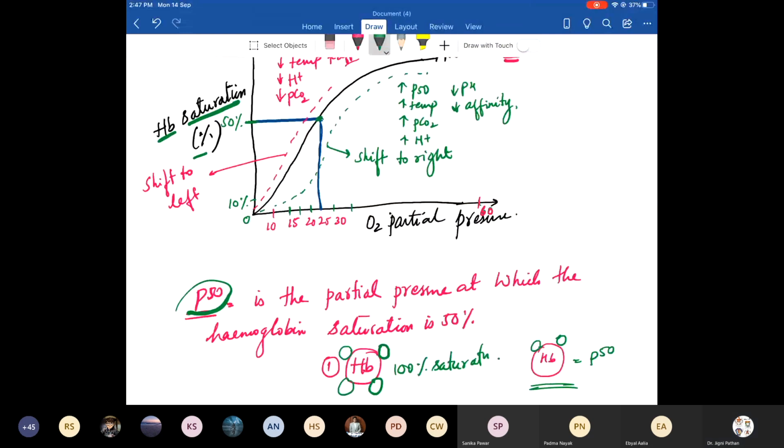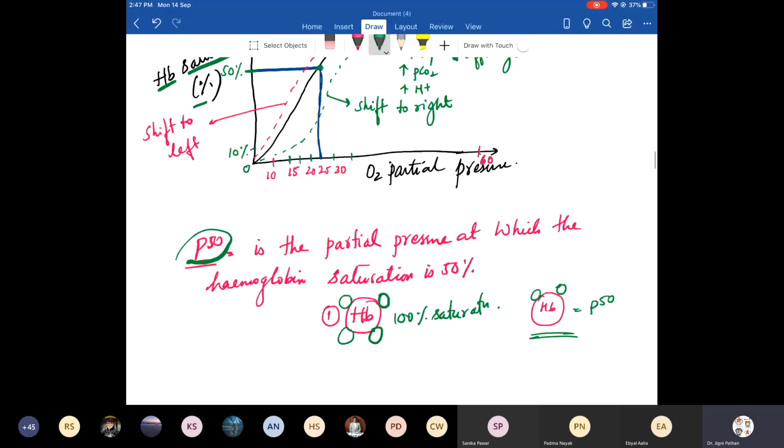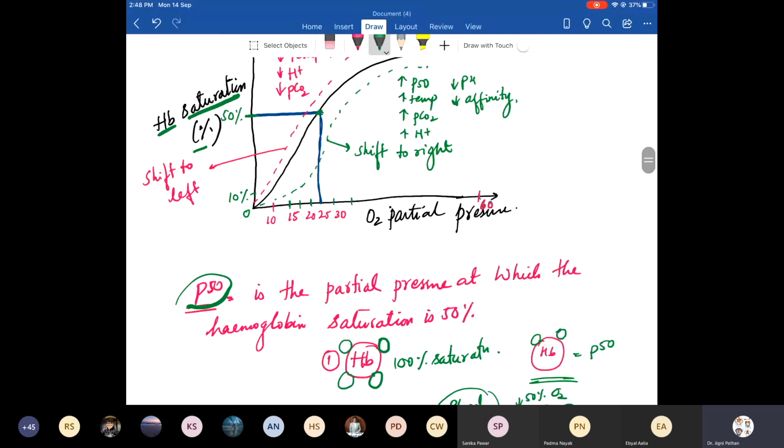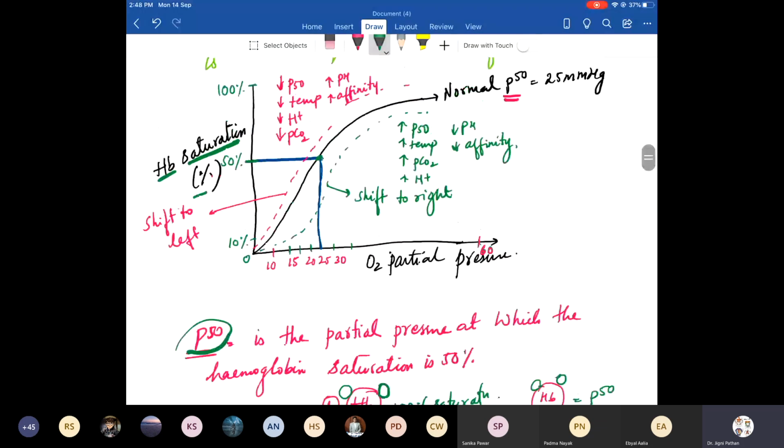Now in the blood you have hemoglobin, right? So much hemoglobin is present in the blood. In that blood, all this hemoglobin is bound to 50% of oxygen. When you extrapolate it, what would be the partial pressure when the hemoglobin is 50% saturated?